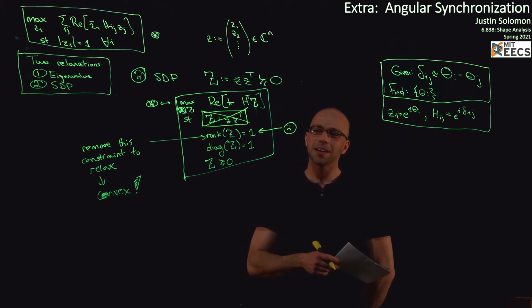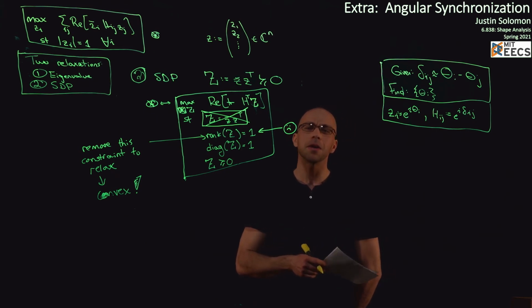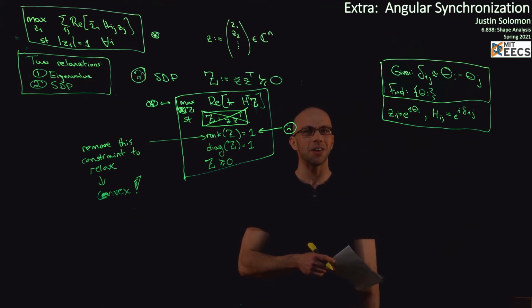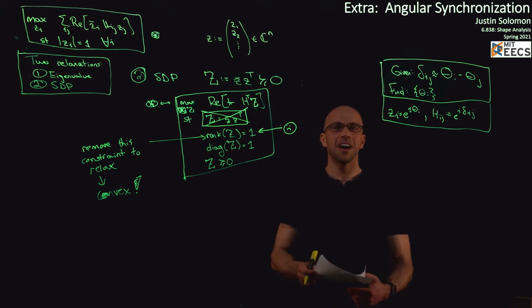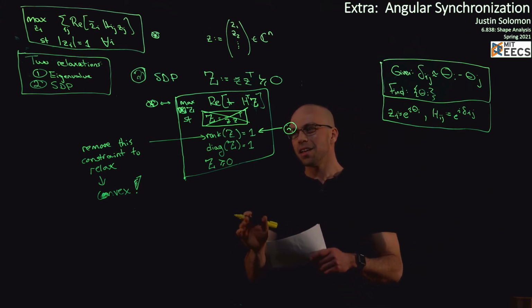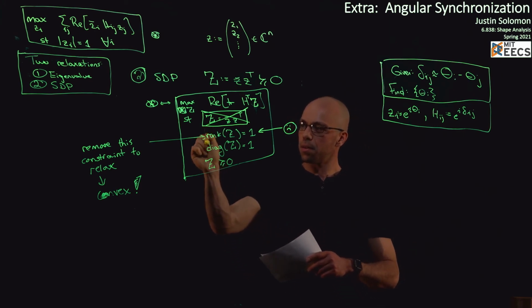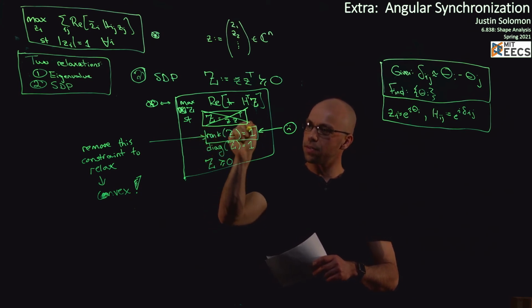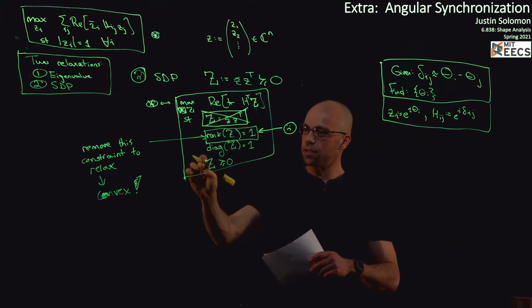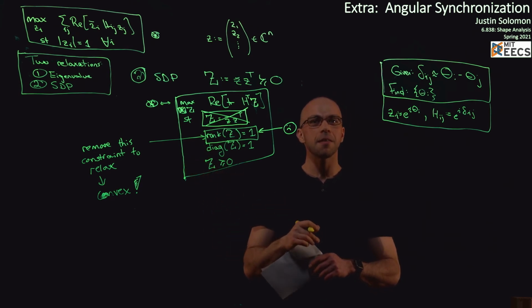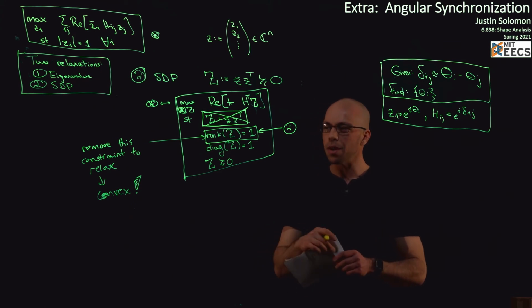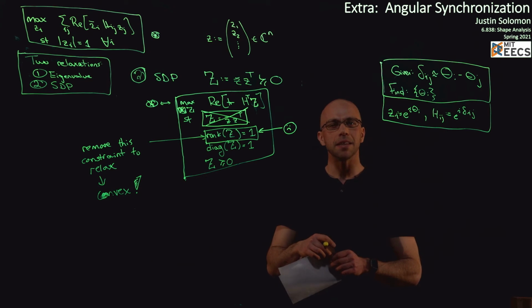And one of the cool empirical things you might notice if you try this at home, and I strongly recommend that you do, is that oftentimes you'll solve this optimization problem without the rank 1 constraint. You get rid of this box thing and solve with just these two constraints. And the solution that you get ends up being rank 1 anyway. What does that mean?